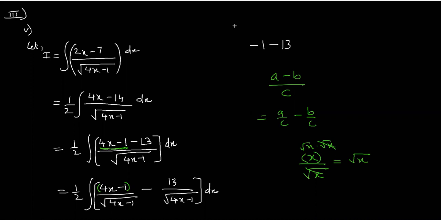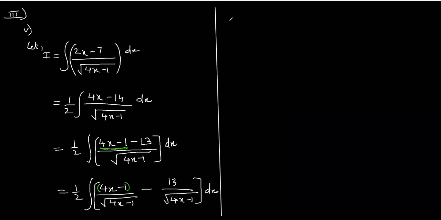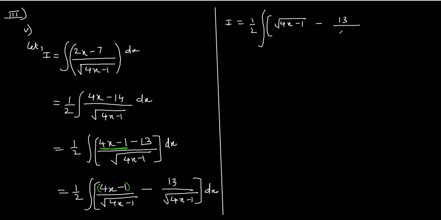Then it will get me I equals 1 upon 2, and then here it gets me square root of 4x minus 1 minus 13 times 1 upon square root of 4x minus 1 dx.